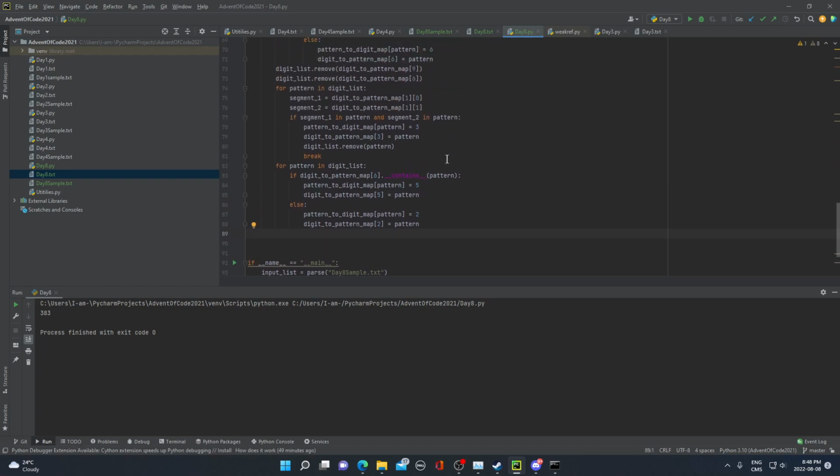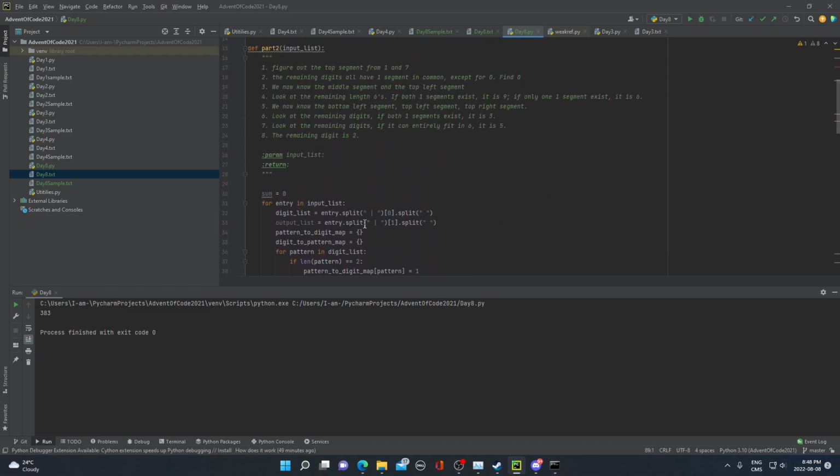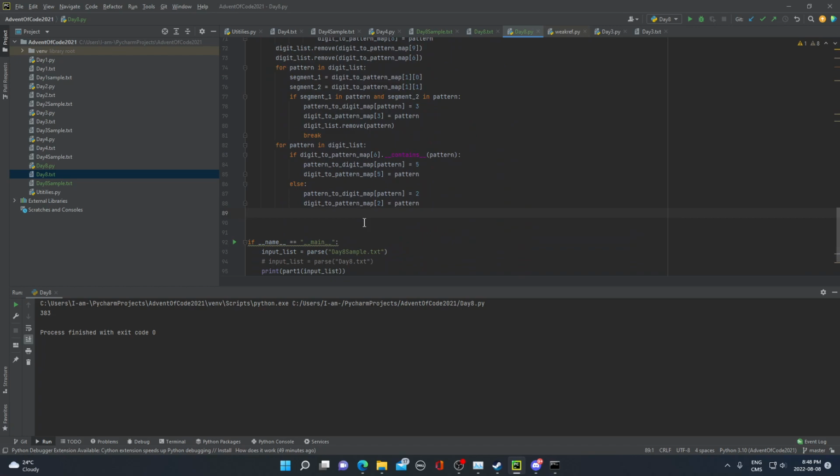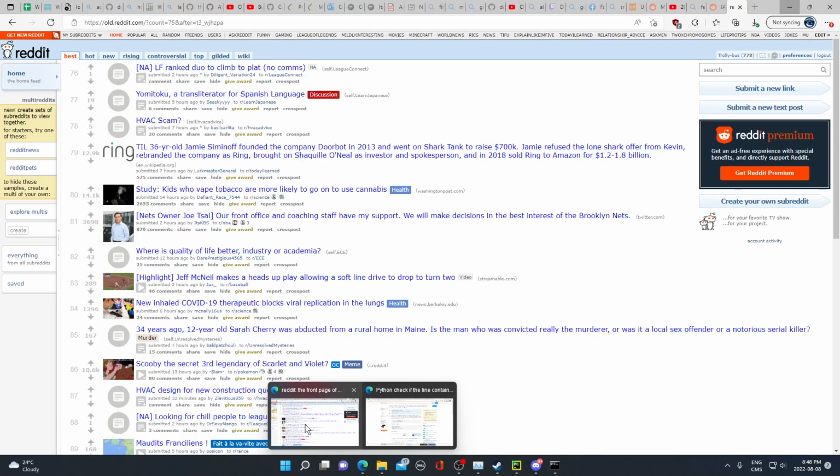Alright, now that we have our dictionary filled out, we can actually go to the output list. And sort it, maybe? Because it might be out of order.